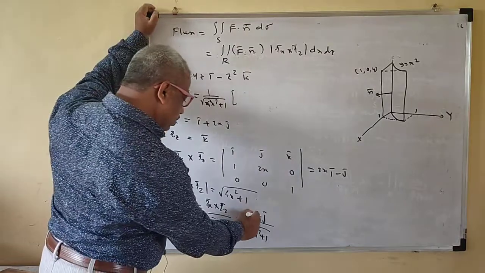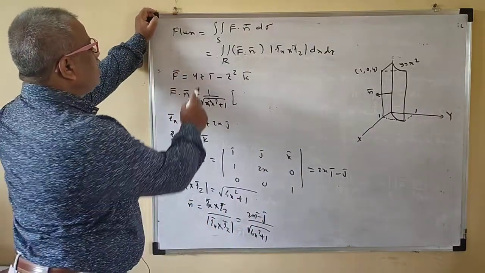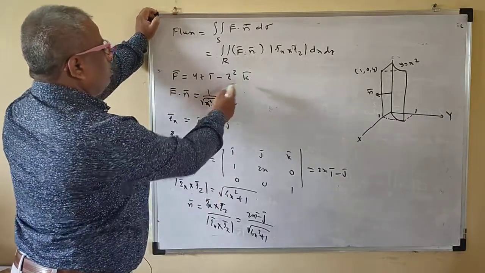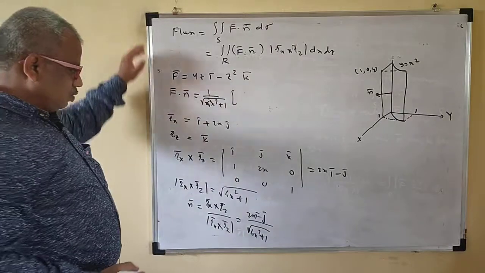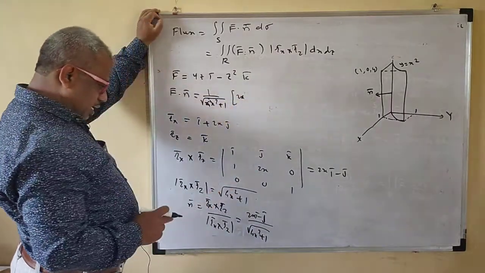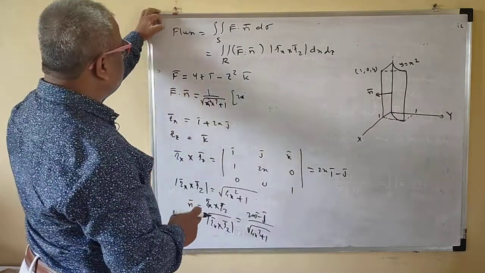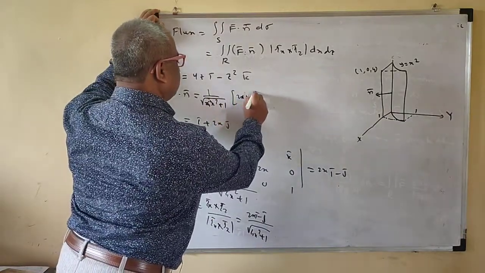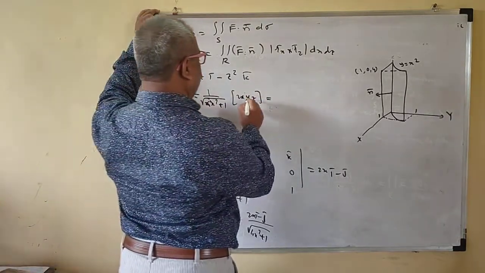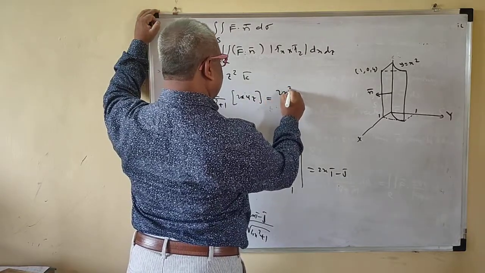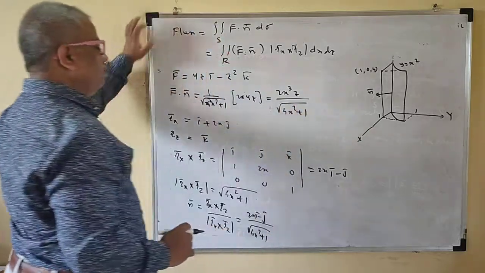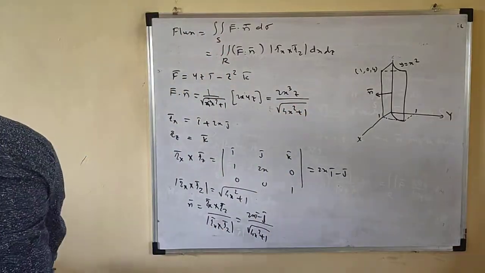So twice x i bar, and there is no component of k bar, so it will be 0. Then twice x yz. But your y is x square, so this is twice x cube z upon root of 4x square plus 1.